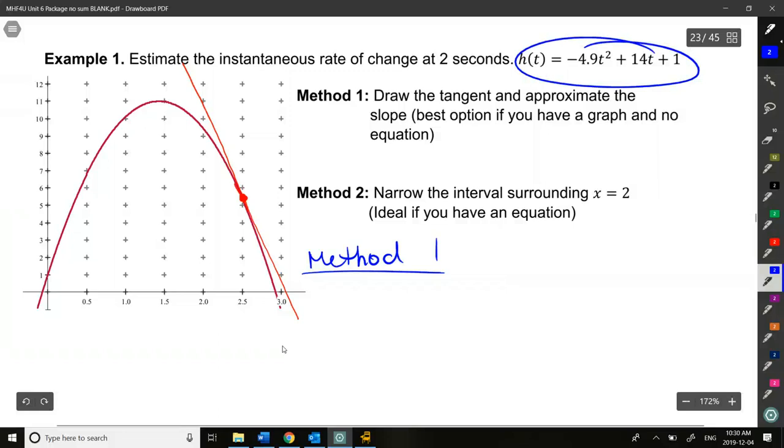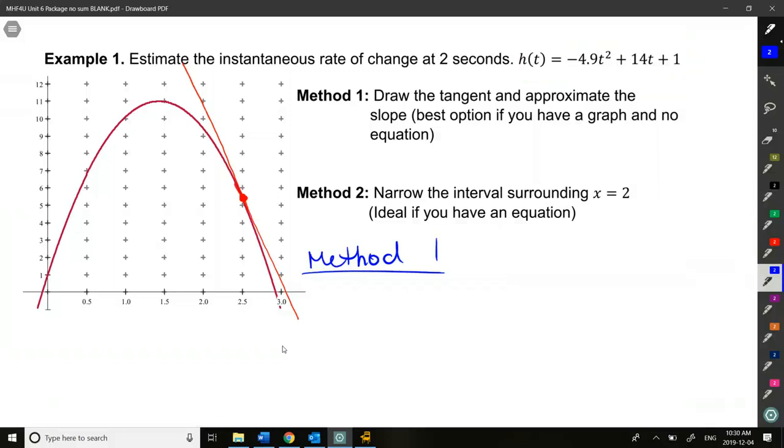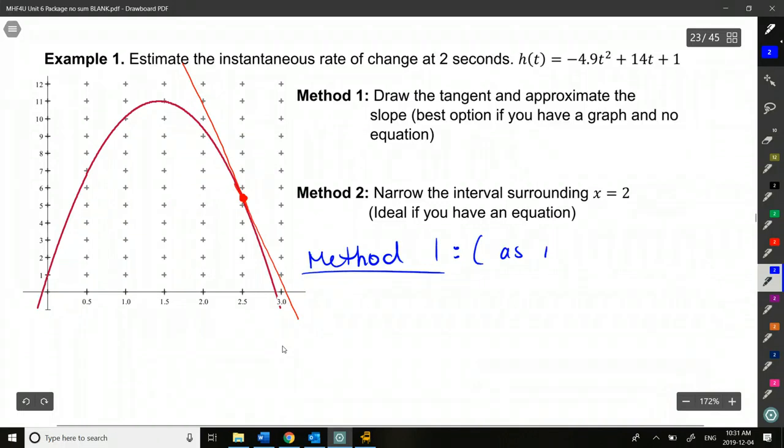So if I didn't have this, my tangent line is really my only option, unless I can figure out the equation from the graph. So what we'll use here is, I'm going to pretend I don't have an equation for this method, so we're going to do this as if we don't have an equation.